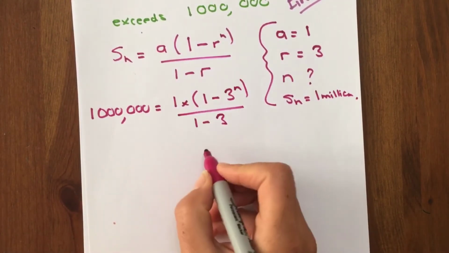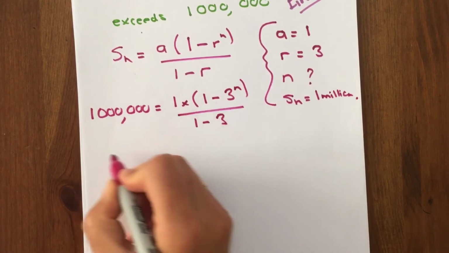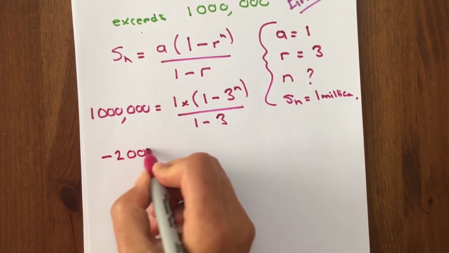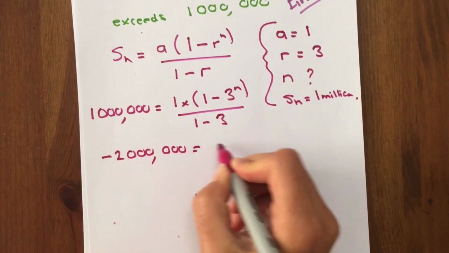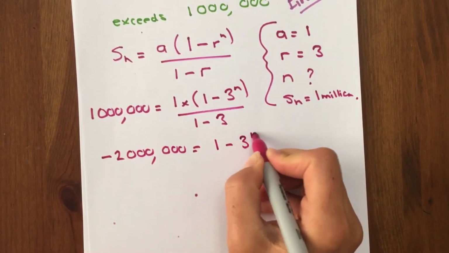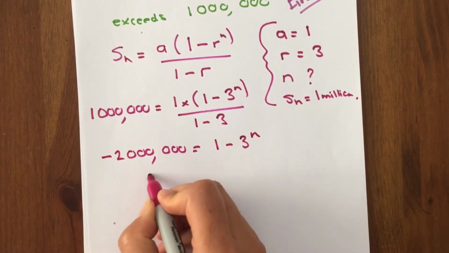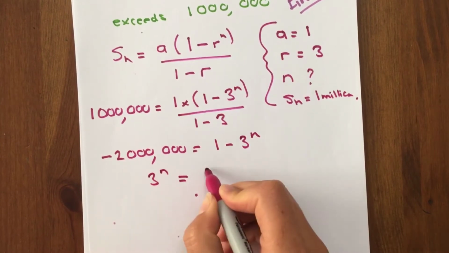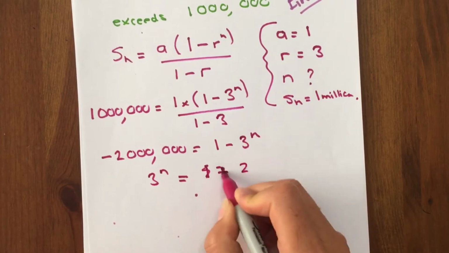I'm going to times both sides by -2, so I'll have -2 million equal to this. And I'm going to bring the n this side, and I'm going to add 1 to 2 million.